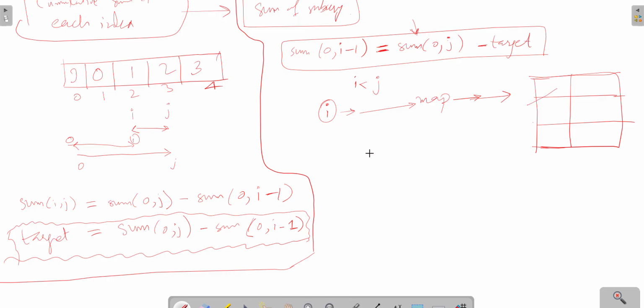Why? Because we are storing it for the next iteration. So the next iteration would do this math on its end and be like, okay, have I seen this cumulative sum before? If it has, then that means we can plug that here, right?